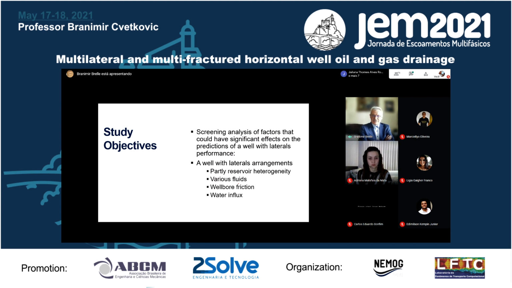Partly the reservoir is different, because you can target differentiation in heterogeneity. Then you can handle different fluids differently, and you can also include wellbore friction and water influx. So it is a lot of possibility.